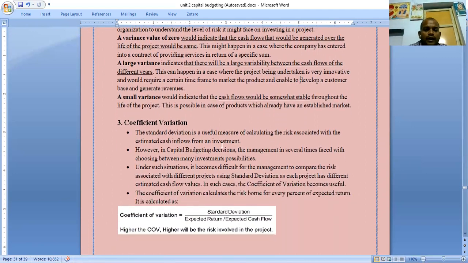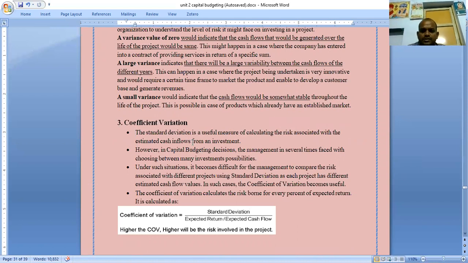Another one is the coefficient of variation. This is also a very useful technique to identify and measure the risk. The standard deviation is a useful measure of calculating the risk associated with the estimated cash flows from an investment.